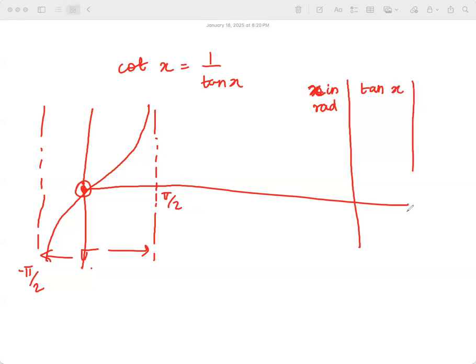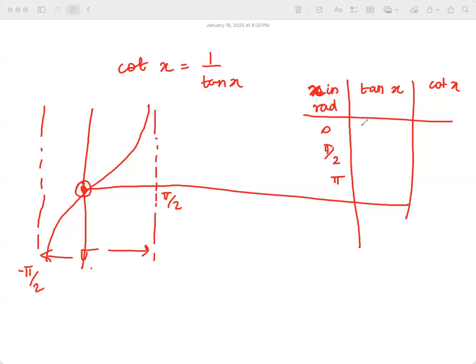Pi only, yeah. Tan x, this is cot x. Now x in radians: 0, pi by 2, and pi. We don't need to do so much because the period is only pi, right? So let's go ahead with only one period.